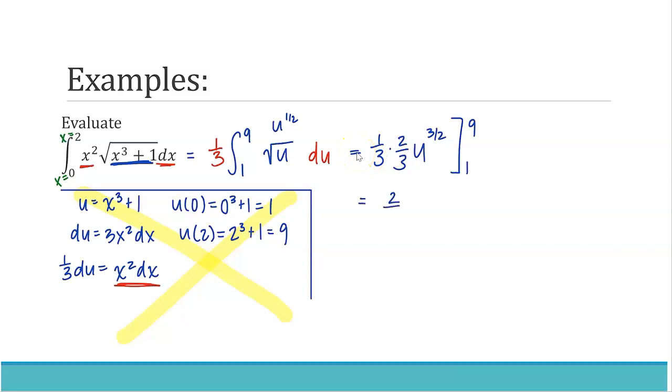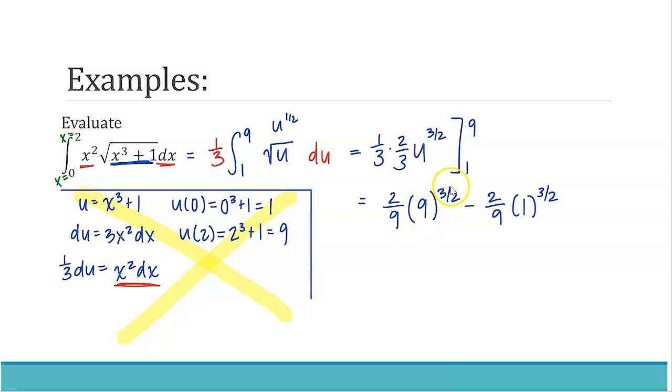So it's going to be 2/9 times 9 to the 3/2 minus 2/9 times 1 to the 3/2. So plug in 9 and then plug in 1, subtract them, just using the fundamental theorem of calculus. And then I'm just going to evaluate this to get my numerical answer.